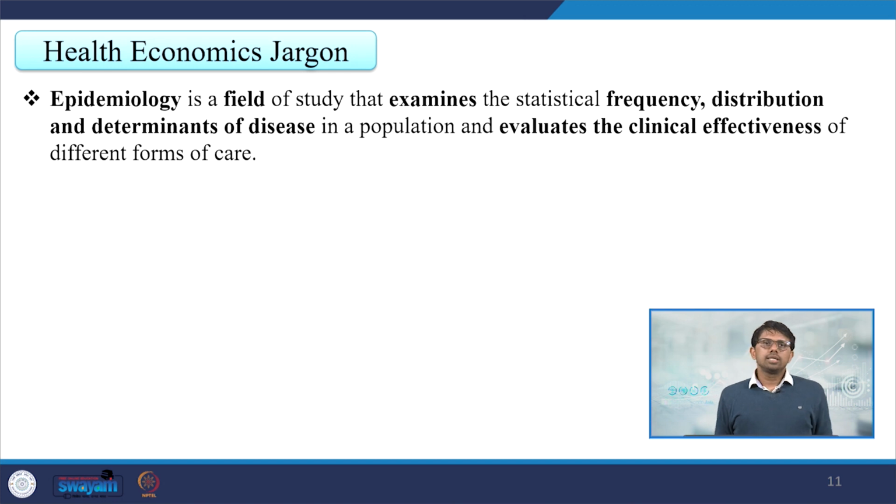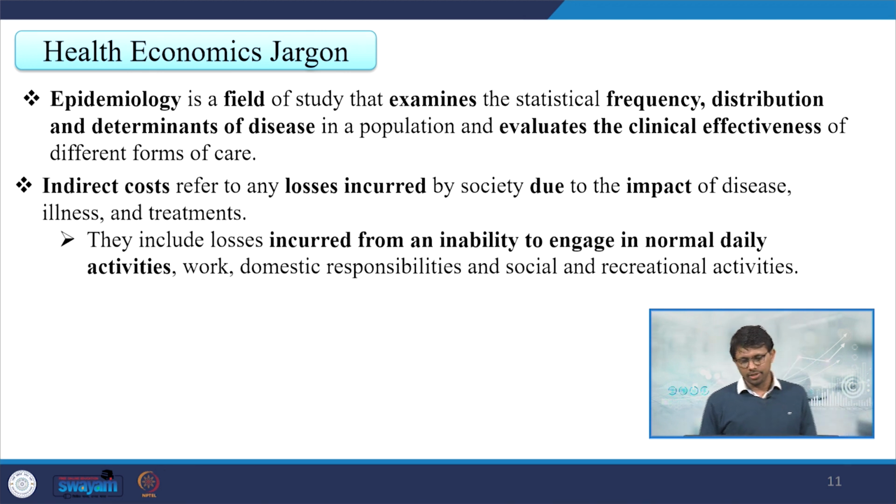So the jargons used in health economics and the epidemiology field are like frequency; especially in epidemiology we use frequency, distribution and determinants of disease, and we try to evaluate the clinical effectiveness of those different forms of care. And we use indirect cost, that refers to the losses incurred by society due to the impact of disease, illness and treatment.